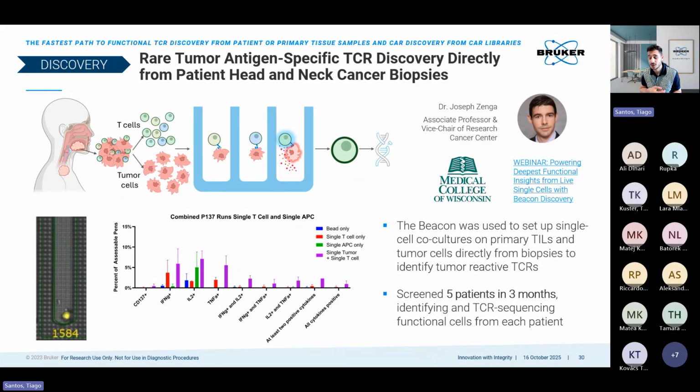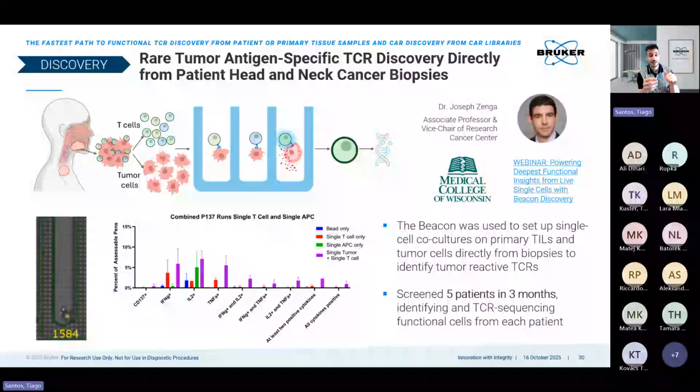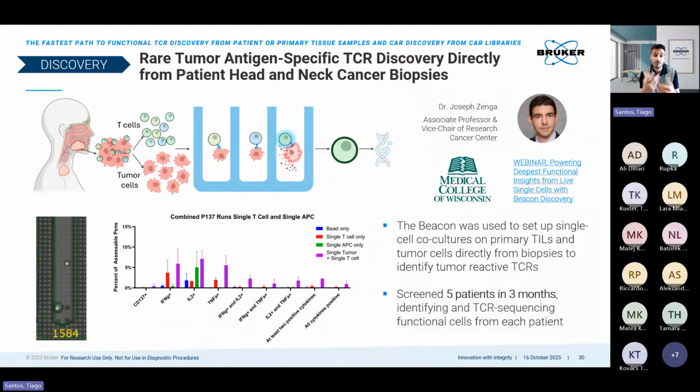It's head and neck squamous cancer, and he had already screened the tissue from the cancer from patients, and through spatial technologies, he managed to identify the different subsets of cells in the tissue, and he identified some that were potentially the perfect markers, which are the tumor-infiltrating lymphocytes. Those T cells that not only managed to attack the tumor, but managed to get into the tumor and potentially bind to neoantigens, potentially show functionality and killing capacity.